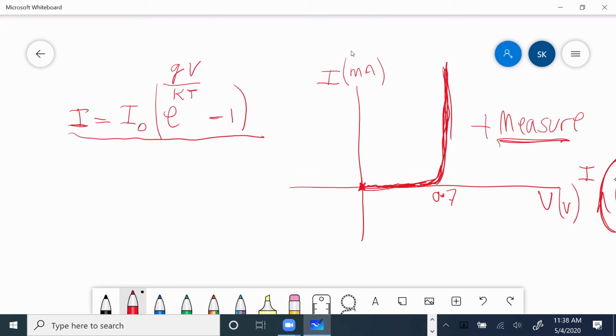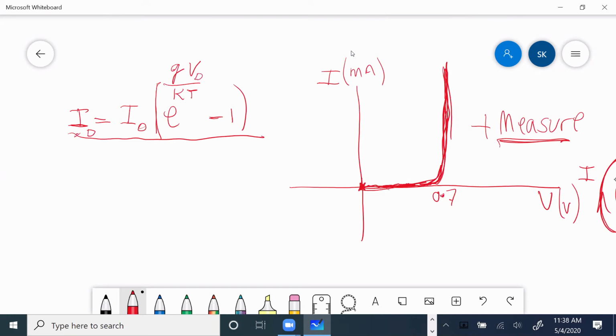What did they mean? The current through a PN junction is equal to some small leakage current, a constant value, multiplied by the exponential of the charge of the electron times the applied voltage. This is I diode. This is V diode.